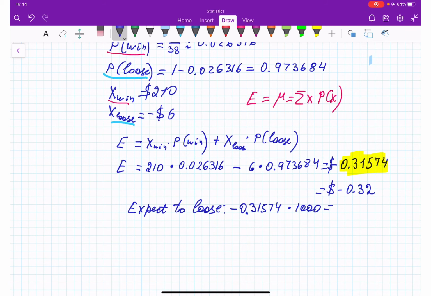And it's going to be 1, 2, 3 positions for the decimal point, because I have 3 zeros. I'm going to get $315.74 of loss. Yes? Okay.